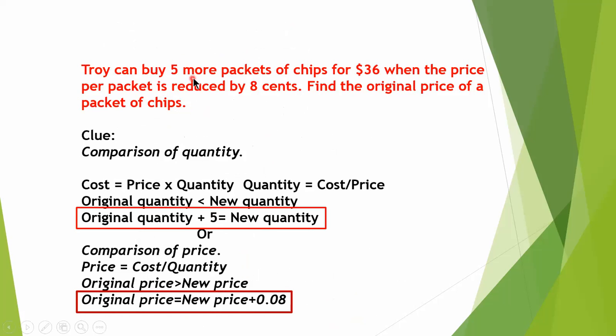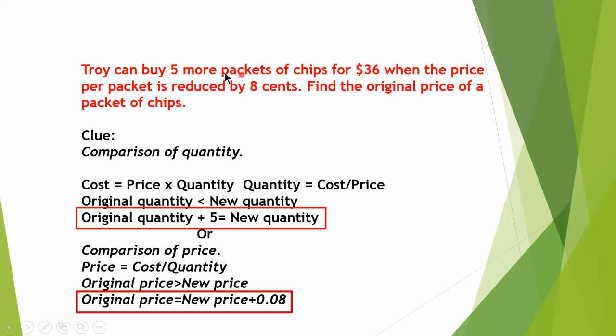Troy can buy 5 more packets of chips for $36. See, buy means a cost. So we discussed cost can be solved using quadratic equations. Cost is price times quantity.